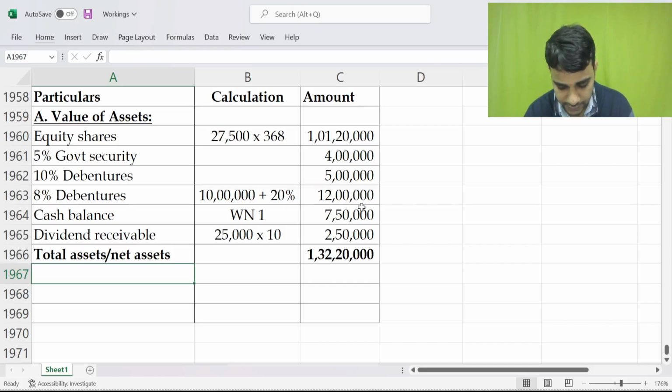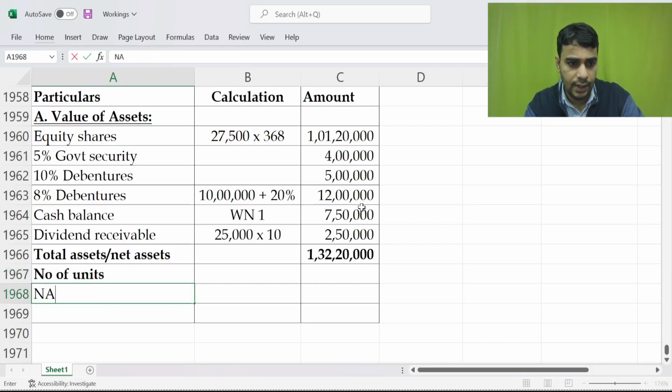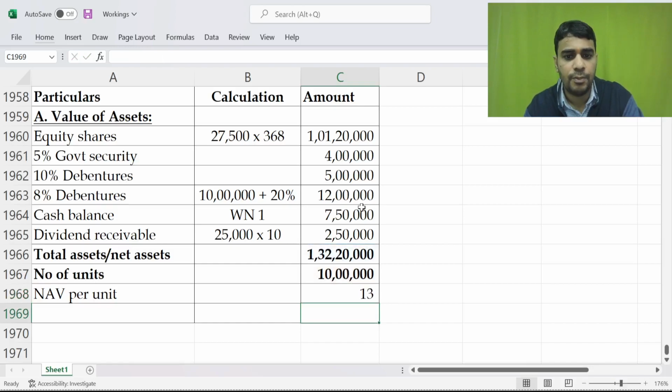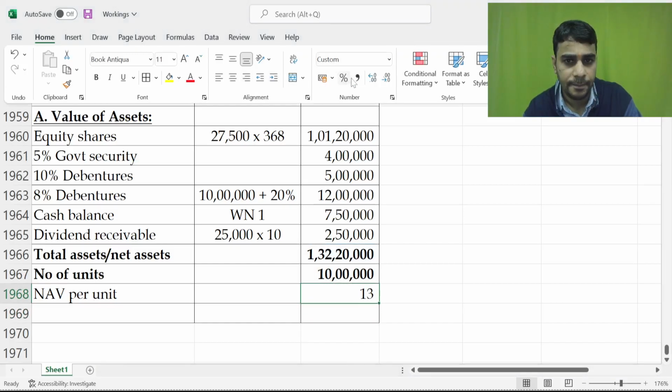Divide by the number of units. Number of units, NAV per unit. Nothing is mentioned about the increase or decrease in units, so this is the NAV.